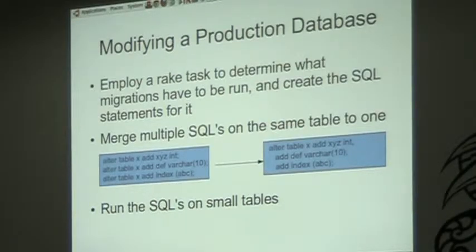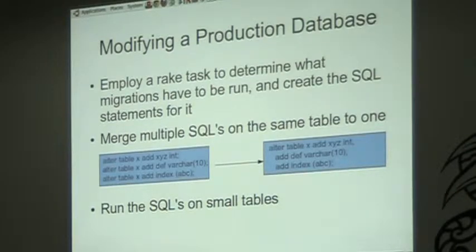Here you have 3 alter table X. You can combine them into one alter table, then add X, Y, Z with a comma before the next modification, and then the next modification. So this will just take one 10-minute run, if it's just going to be 10 minutes.